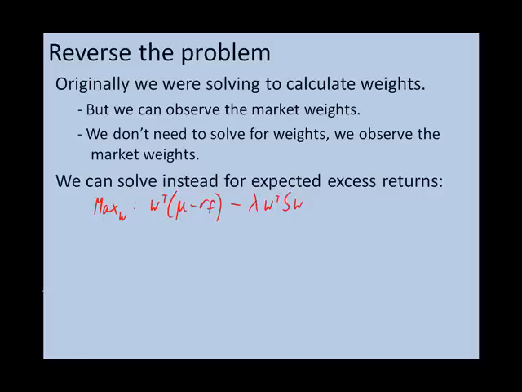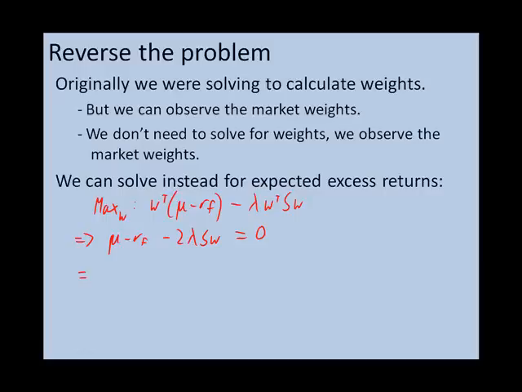And if we solve this problem for the investor, we get that mu minus RF minus 2 times by lambda times by S times by W is equal to 0. We know that expected utility is maximized when the slope of the function is equal to 0.